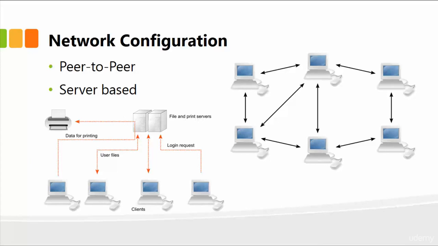So these computers simply tell the central server, and then the server distributes the requests accordingly, whether it's a print request, for example, or it's a login request, for instance, and so on. So the server now plays a centralized role, and that's called a server-based network.